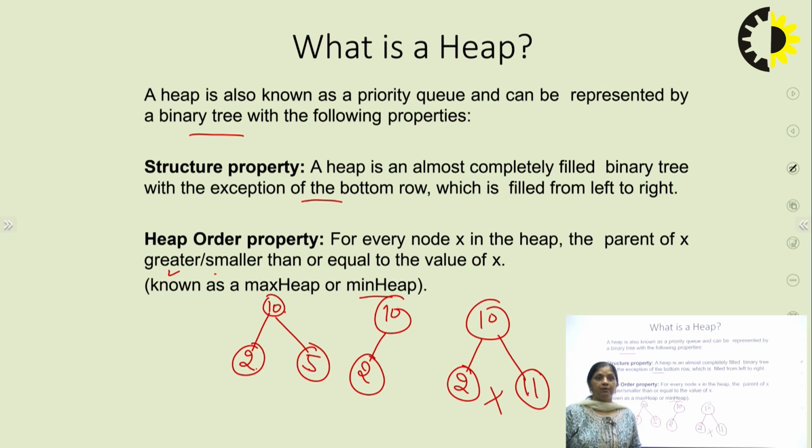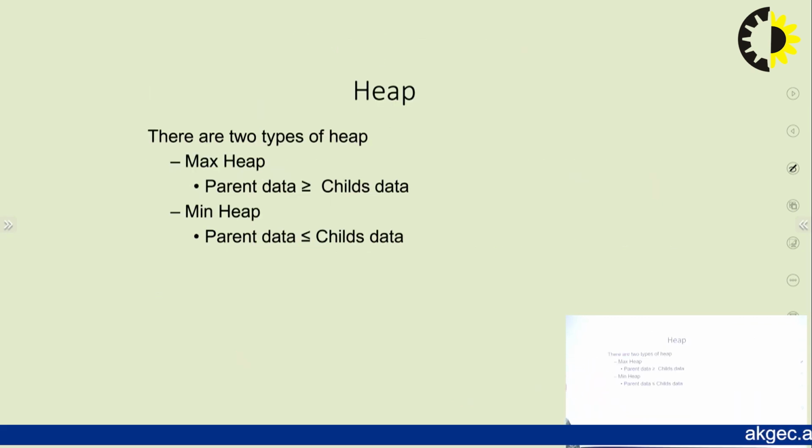We will take one example of min heap also, but the algorithm we'll discuss will be according to max heap. So I just discussed there are two types of heaps, max heap and min heap. If parent data is greater than or equal to child data, it is max heap. Otherwise, if less than or equal to, then it is min heap.